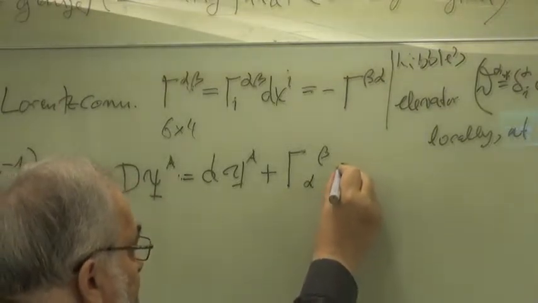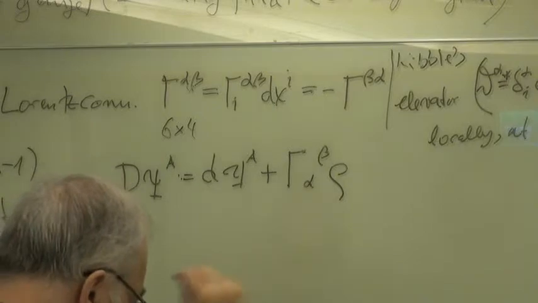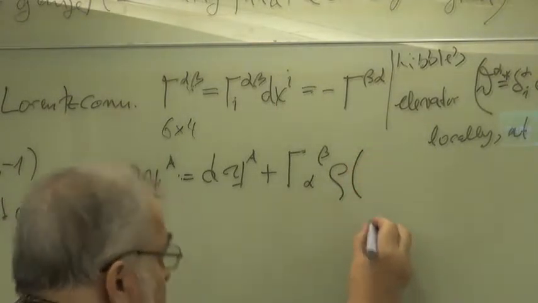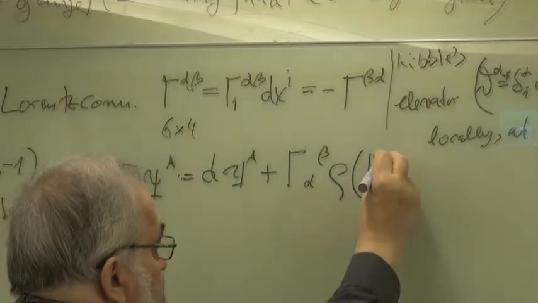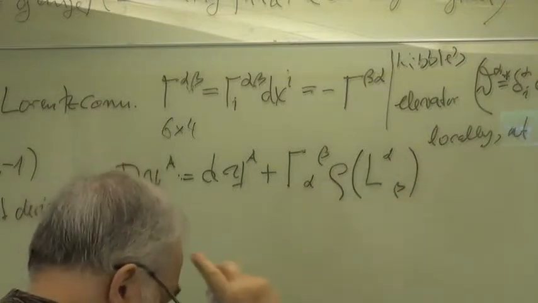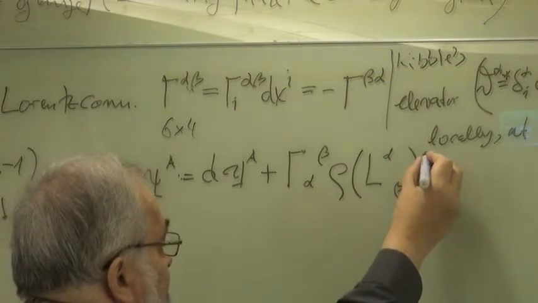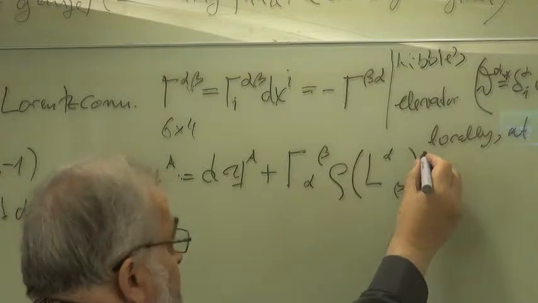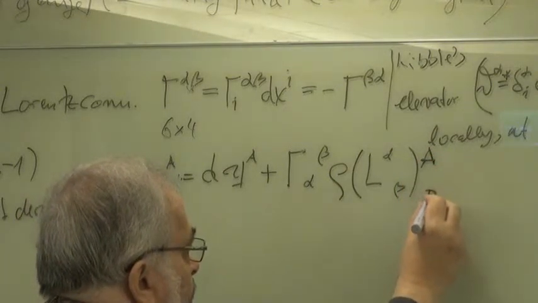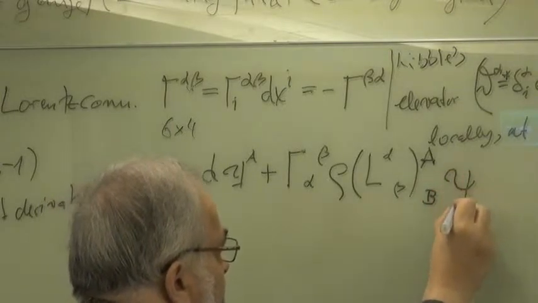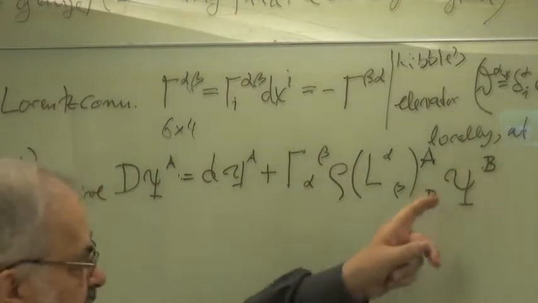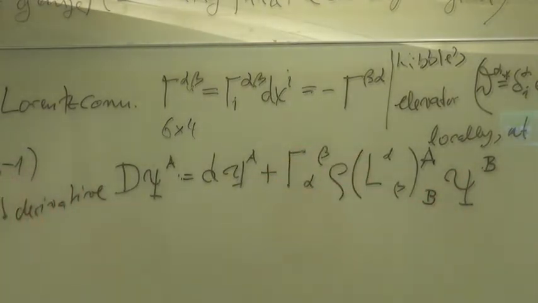So depending on whether you have a spinor, a vector, or a tensor, these representation matrices depend on our Lorentz transformation alpha beta, and have indices capital A and capital B, and here we have psi B. So if you have, for instance, a vector, this is just a Kronecker delta.